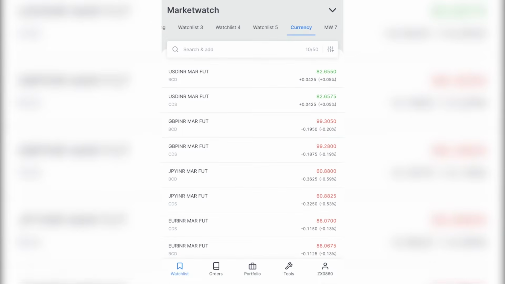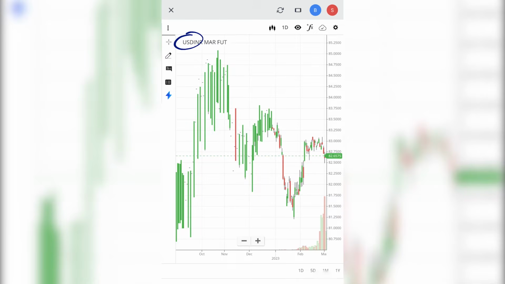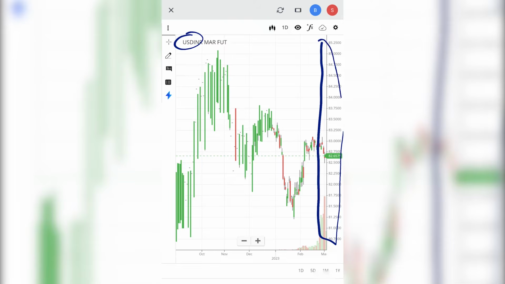For example, to just make it simple, let me just click on any one of these. You will notice over here, if I say a USD INR graph, you will see it's quoted at 82.655 because the price is denoted in INR. Now, let's first look at the chart. Whenever I look at the chart for this kind of a contract, you will notice that it's a USD INR chart and the whole chart is denoted in INR prices.